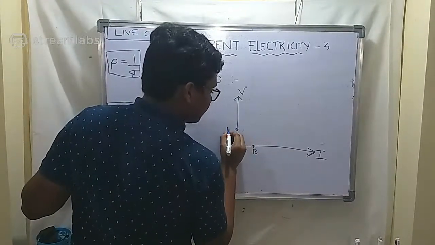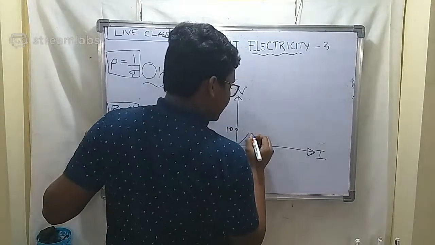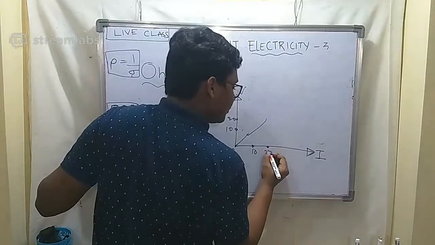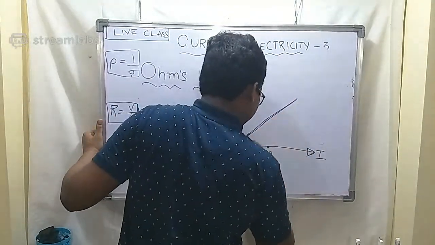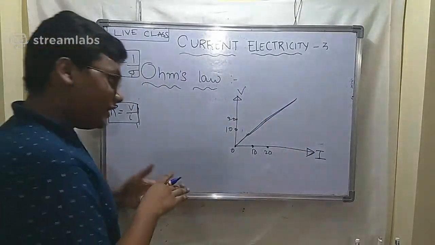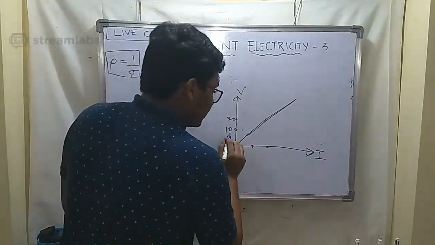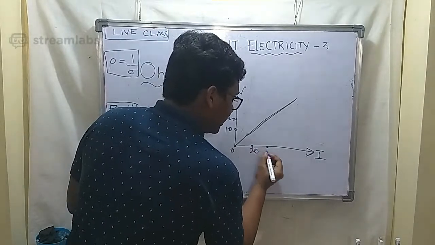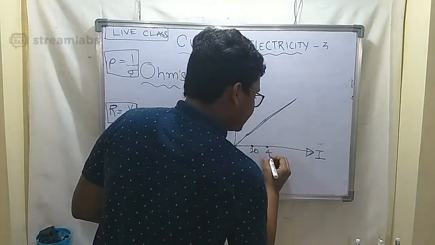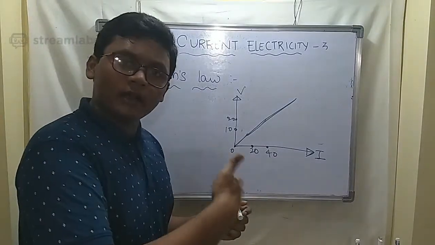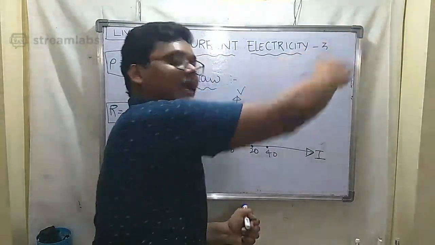If we take voltage as 20, the current should also be 20, so it is constant. If it is 1 by 2, then 10 and 20 give double values, because 1 by 2 means it goes along a straight line.